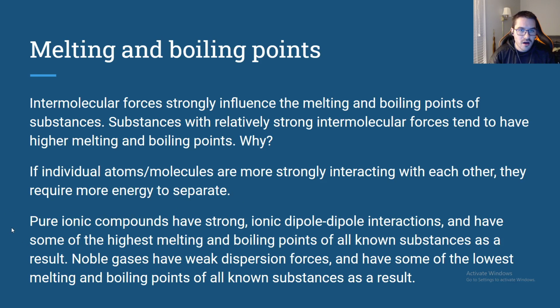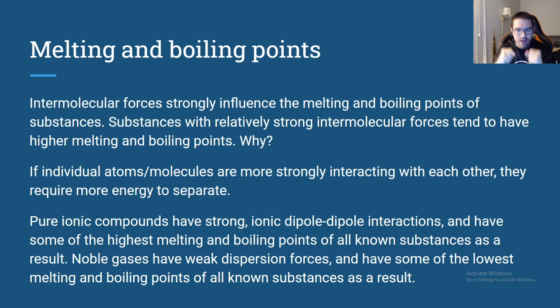Pure ionic compounds that are made of positive ions and negative ions, cations and anions, have the strongest dipole-dipole interactions that exist. We're talking about +1, +2, +3 potentially, charges on those cations, and -1, -2, -3 charges on those anions.